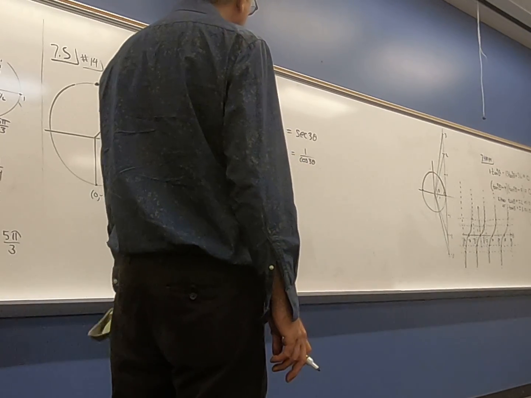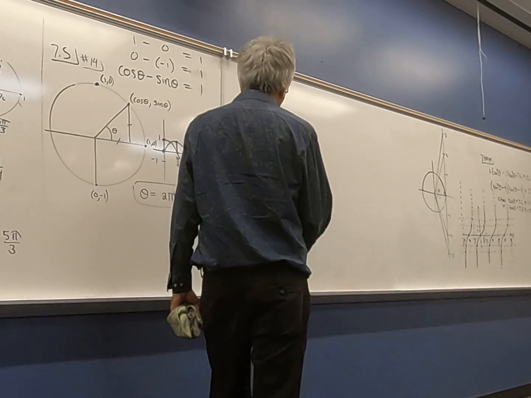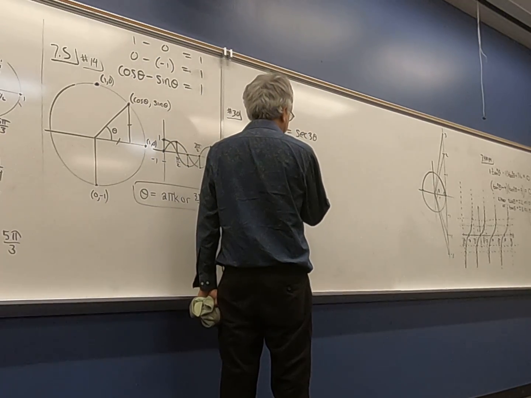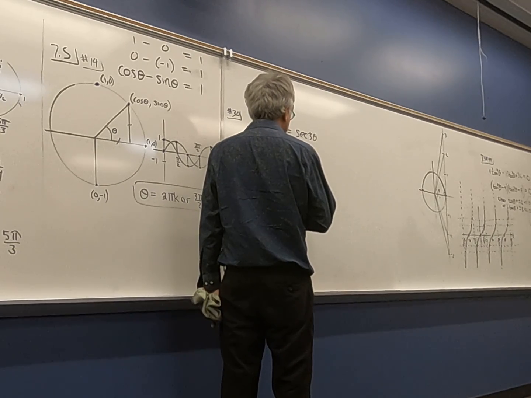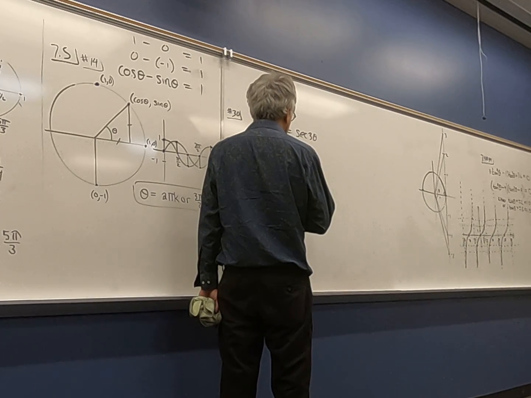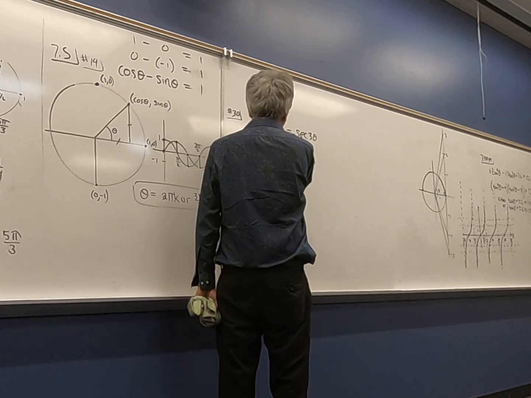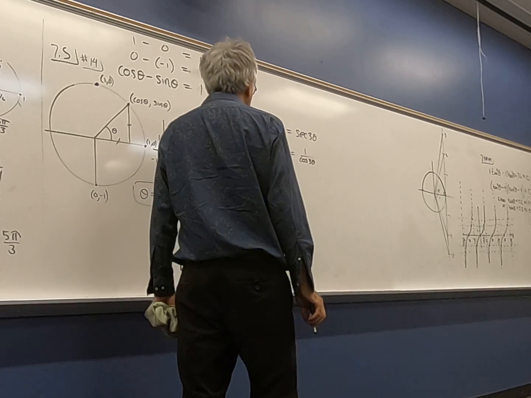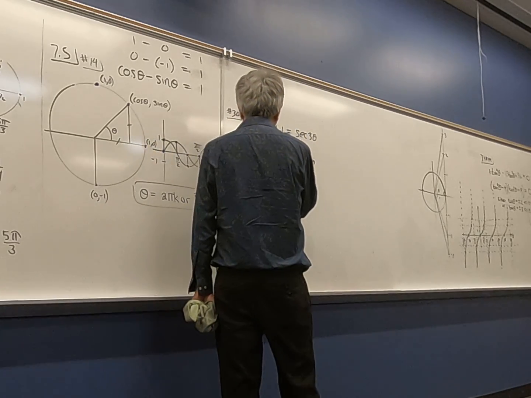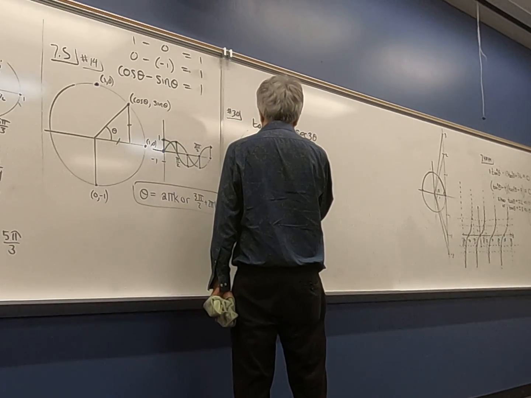I could multiply both sides by cosine. But that's problematic, right? Because I could be multiplying by 0, in which case I'm picking up extraneous solutions. So rather than doing that, I can say, well, if these things are equal, then their squares are equal, right? So does that help to square these things?